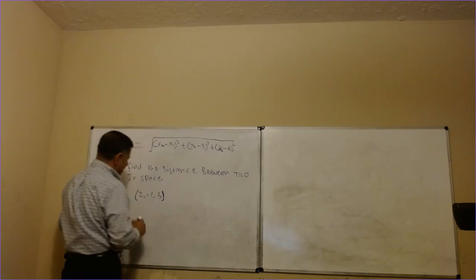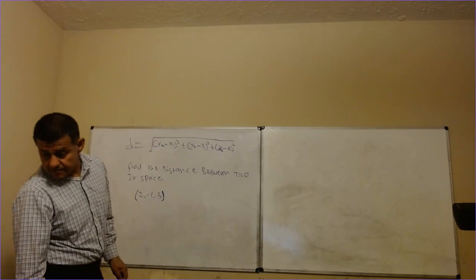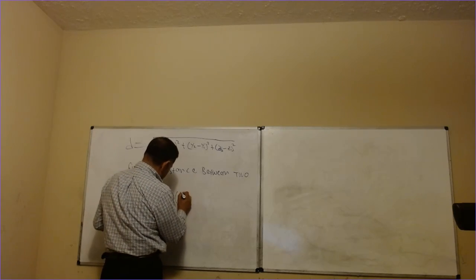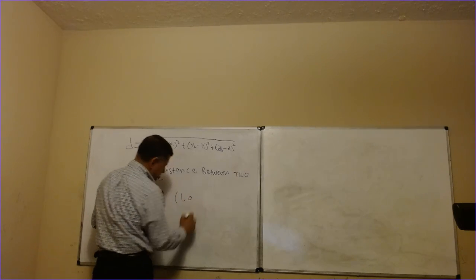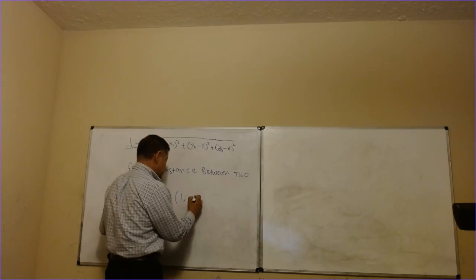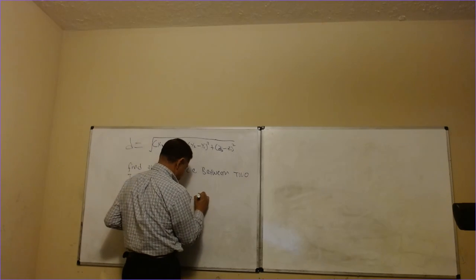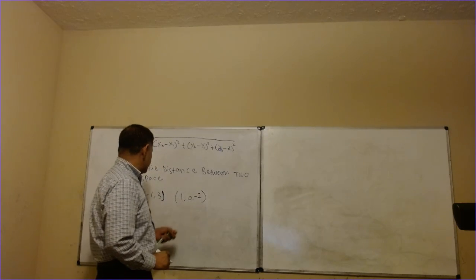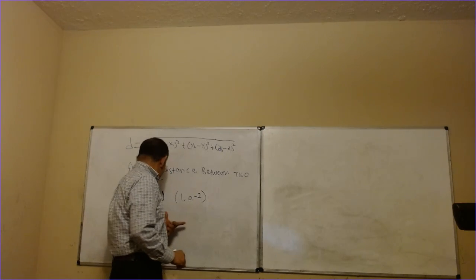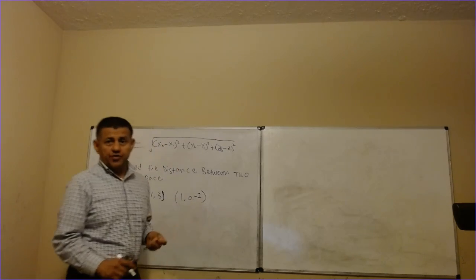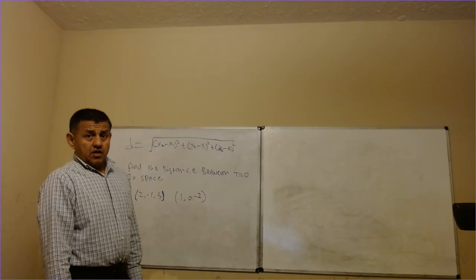And the final point is 1 comma 0 comma negative 2. So using this formula, calculate the distance between those 2 points.